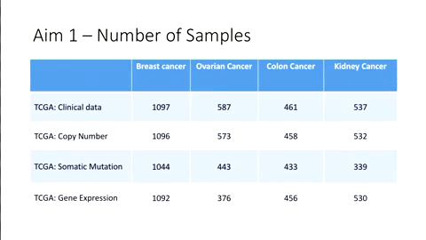So this is just an overview of the number of samples in TCGA. And this is just to show that there is coverage for all of the data types available in TCGA for these cancer types. And there is some variability among the samples, but we do have coverage for the clinical data, copy number, somatic mutation, and gene expression.